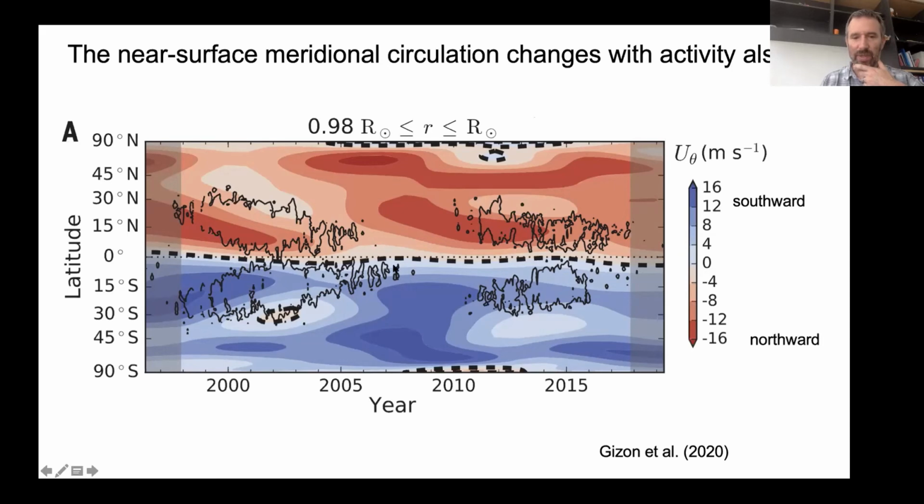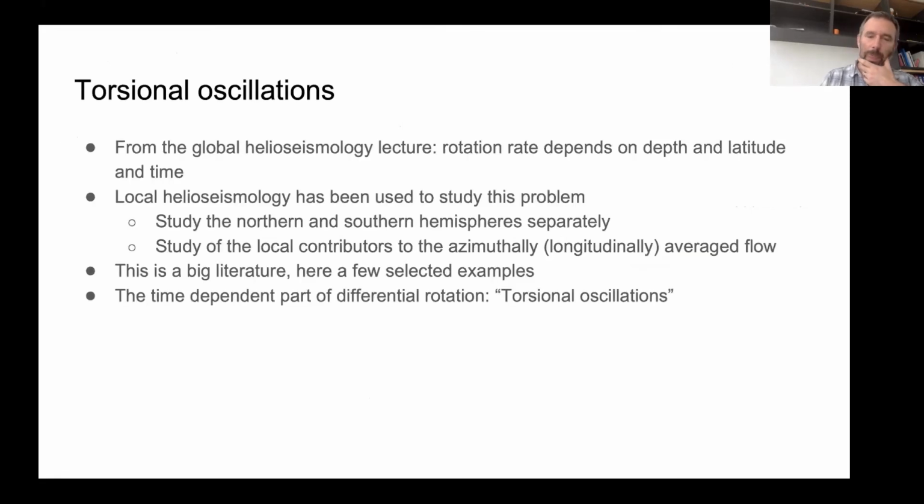These are just the azimuthally averaged components of the flow, but you can look at the flow maps before doing that averaging. And again, this is a big literature, and I'm not trying to do a comprehensive review here. And also, just as a little point of terminology, the time-dependent part of differential rotation, people call torsional oscillations.